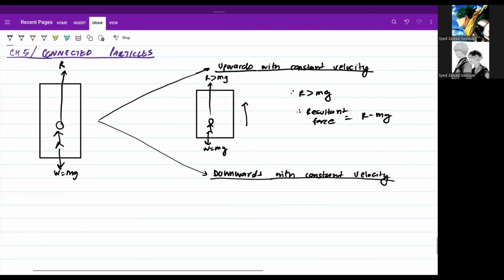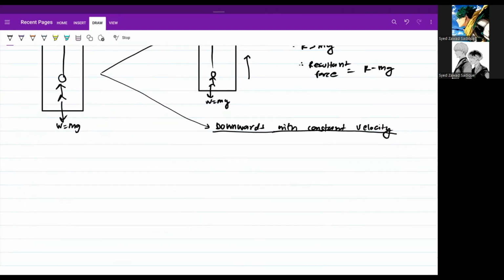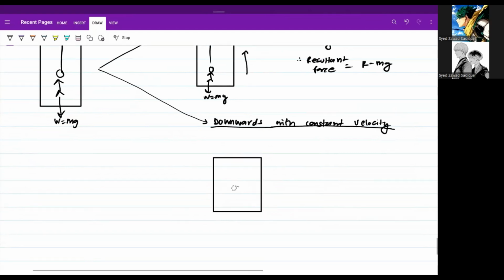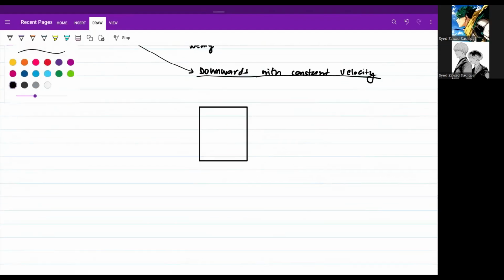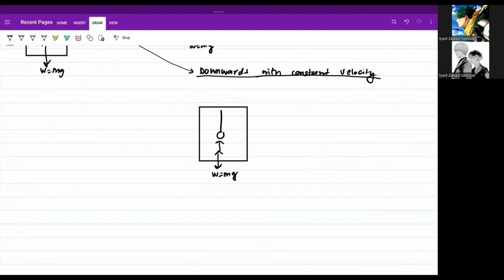Similarly, if you guys are smart enough, you can surely figure out that in this scenario, the man has the same weight and normal contact force.